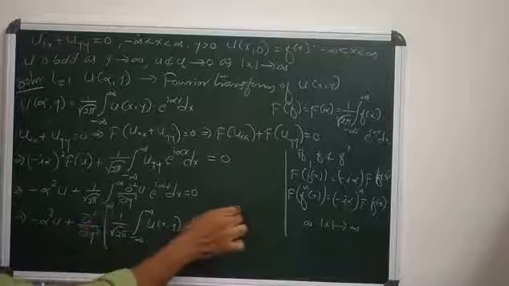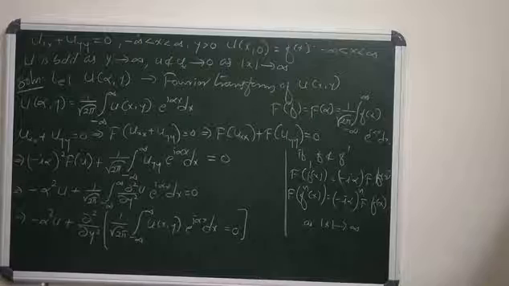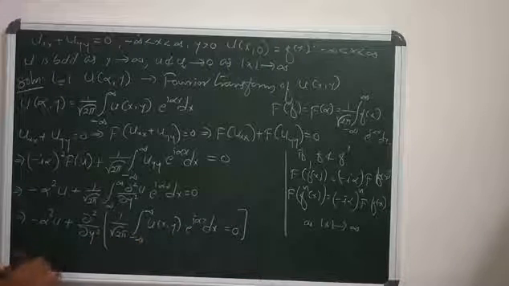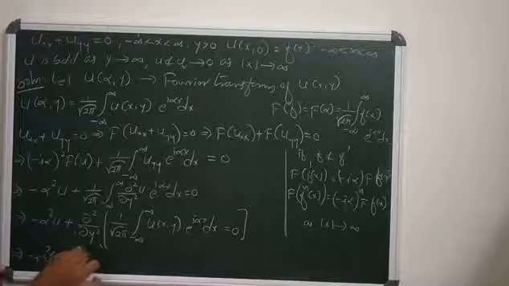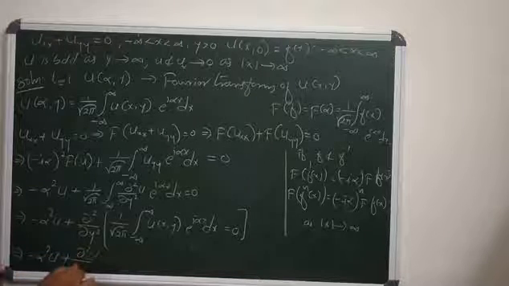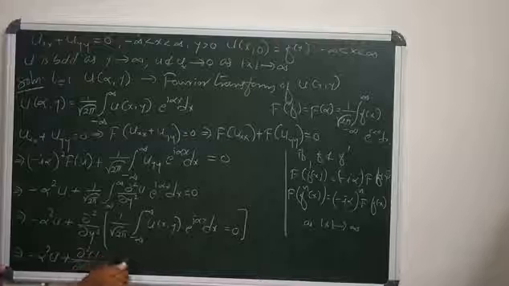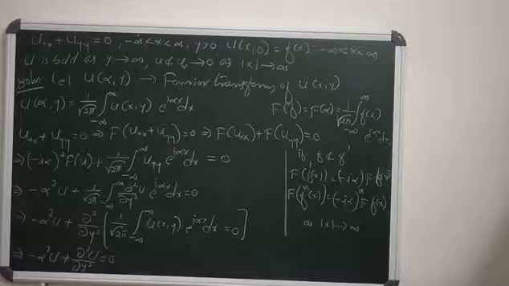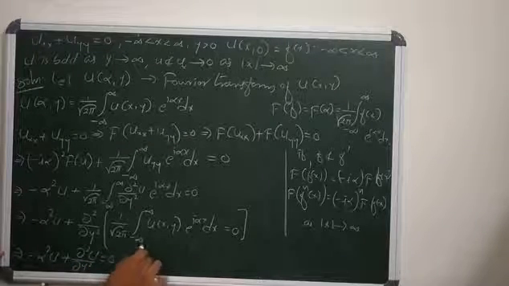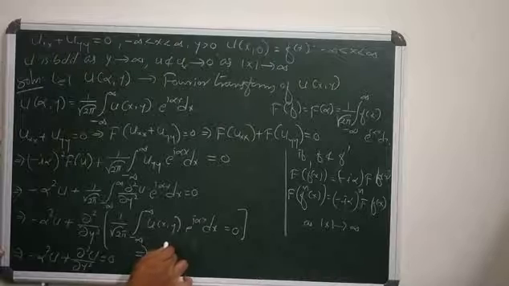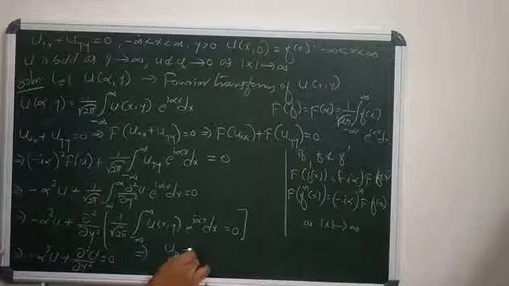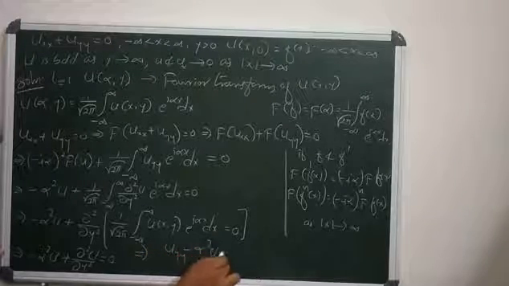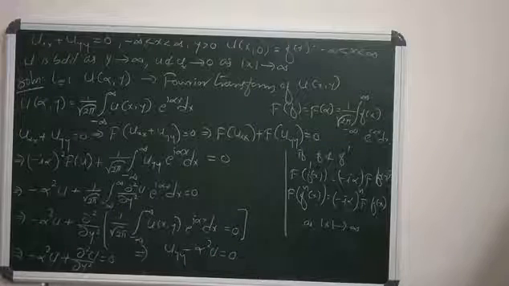So what about the term inside the square bracket? That is nothing but u itself. So minus alpha squared u plus del squared u by del y squared equals 0. That means u_yy minus alpha squared u equals 0.